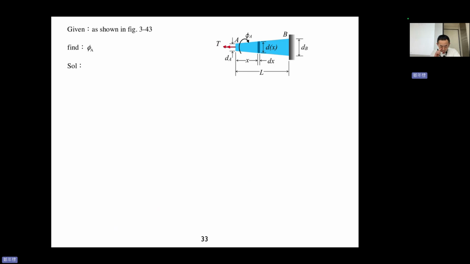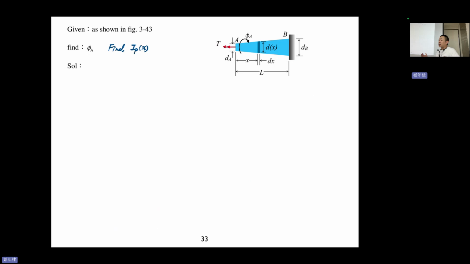We need to find phi A. Because the cross section is changing, the IP will change as well. So we need to find IP of X. The IP will change following X.